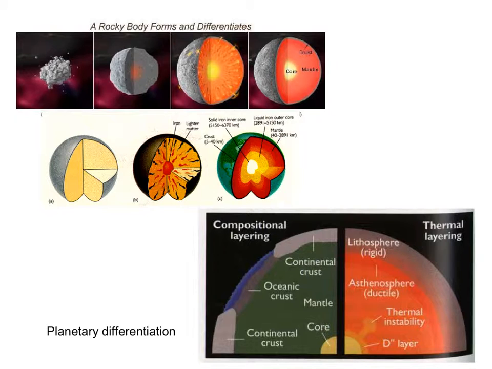This process of differentiation where, as protoplanets in the earliest solar system began assembling, you basically have all of these grains, chondrules and micrometeorites and so forth coalescing under the force of gravity, building up larger and larger objects that keep smashing into each other. That smashing together produces a lot of energy. A lot of kinetic energy gets converted into thermal energy.